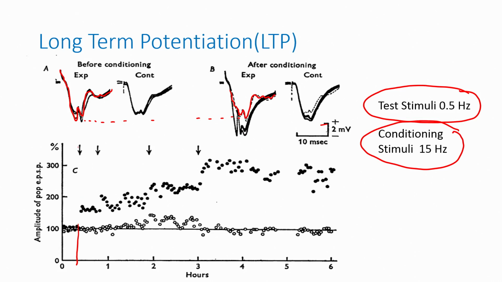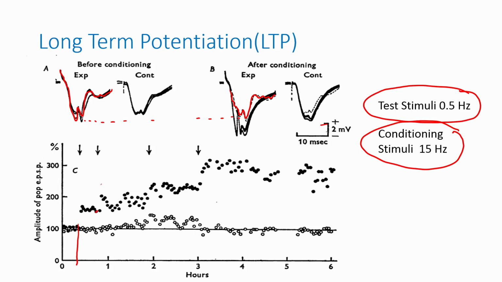Now, you have stopped the stimulus here, right. You gave that brief stimulus and then stopped it, and you are continuously probing how good the synapse is, whether it is holding up that high voltage response. You are seeing that amplitude being high for a considerably long period of time.